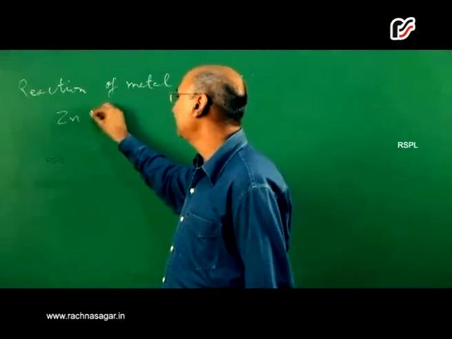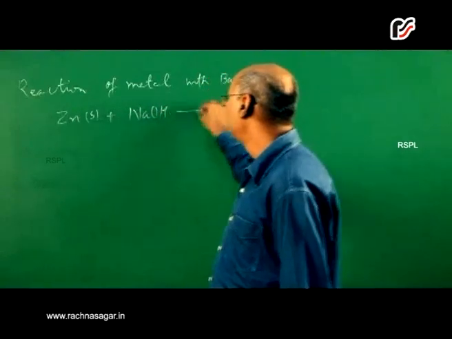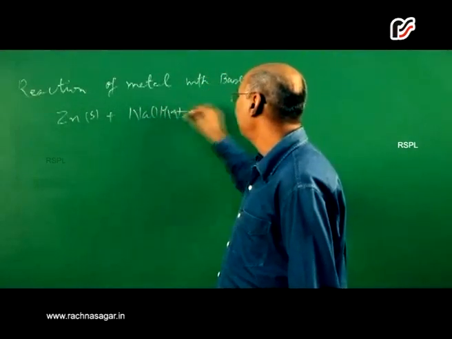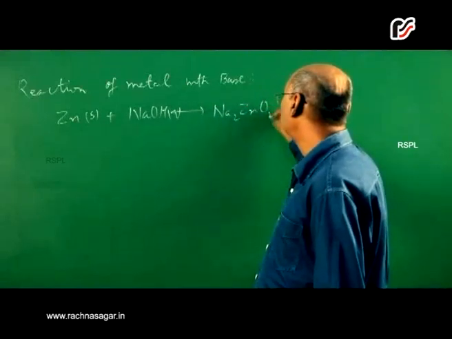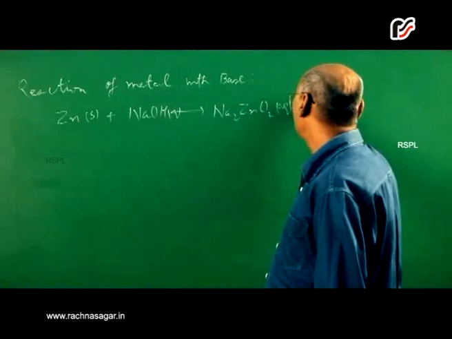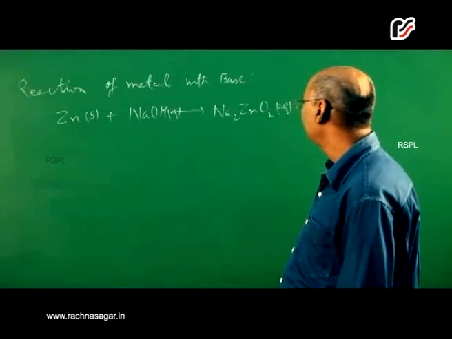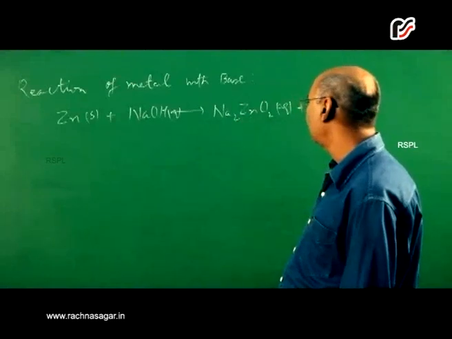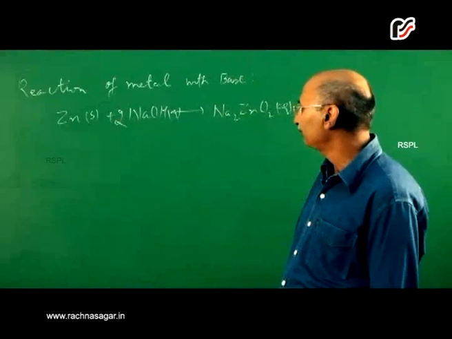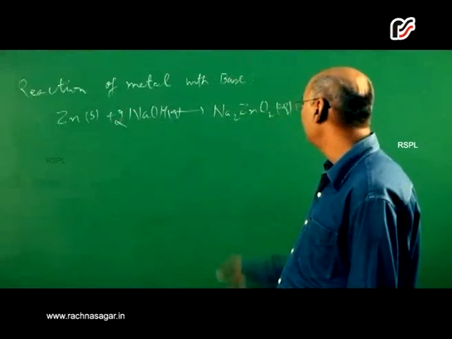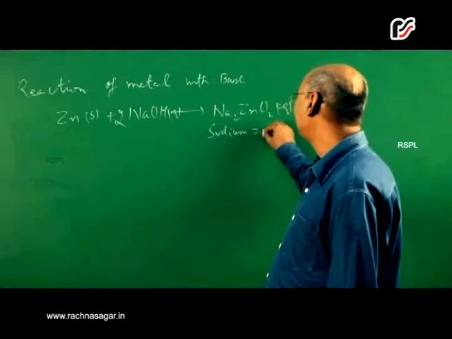For example, zinc metal will react with sodium hydroxide to form sodium zincate, Na2ZnO2, aqueous solution plus hydrogen gas will be formed. This equation is not balanced because sodium is 2 on this side. So if we multiply sodium hydroxide by 2, this equation will be balanced. This compound is sodium zincate.